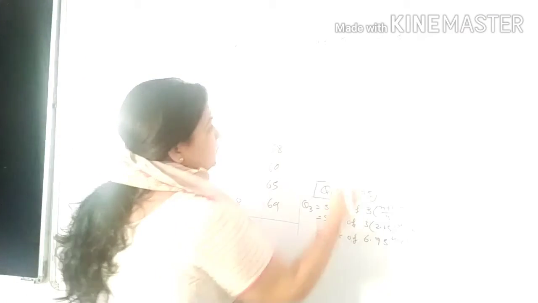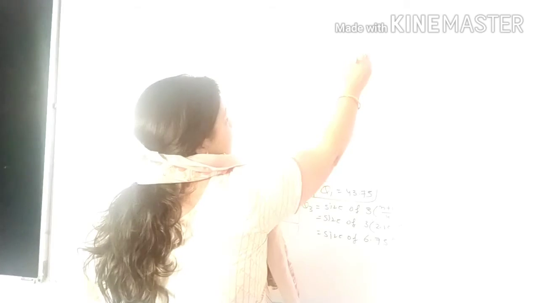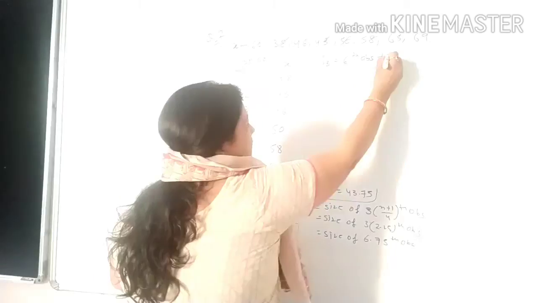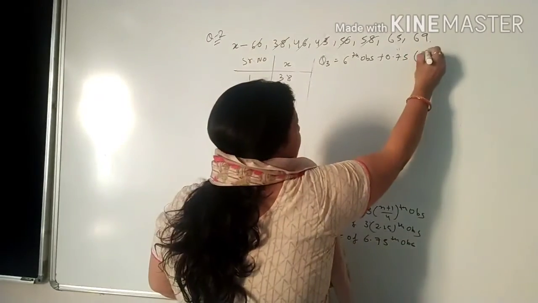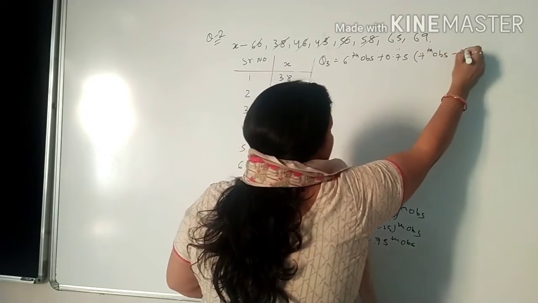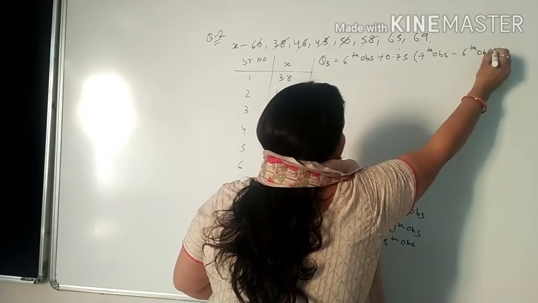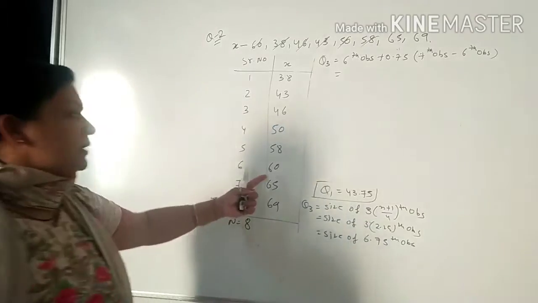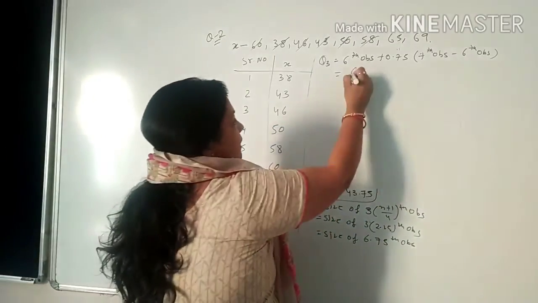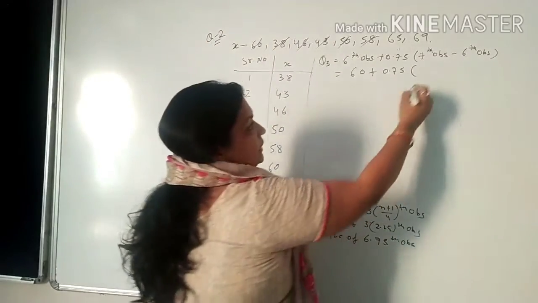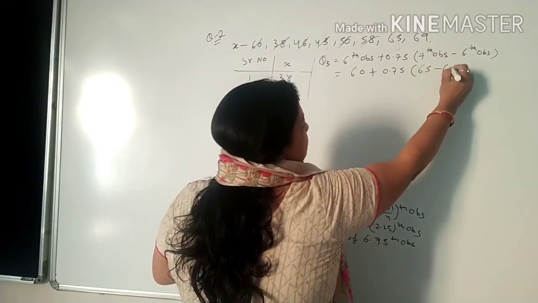So 6.75. So Q3 equals 6th observation plus 0.75 times (7th observation minus 6th observation). Which is the 6th observation, beta? 60. So 60 plus 0.75, 7th observation 65. So 65 minus 60.